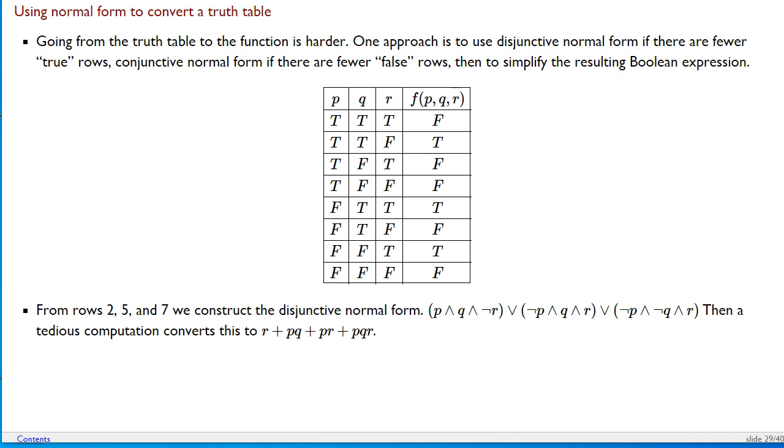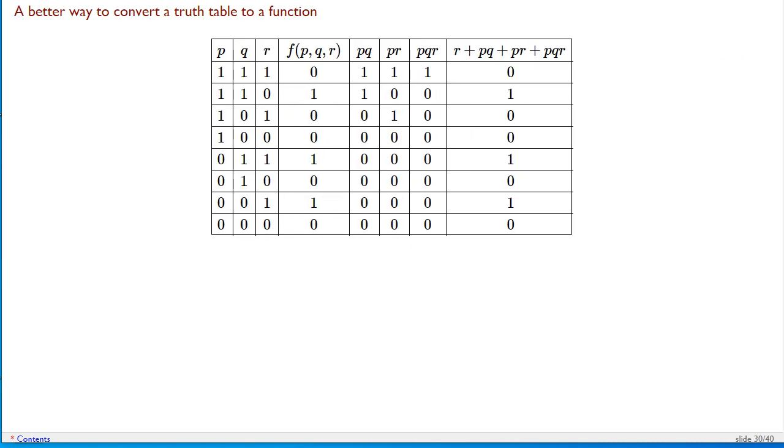Then crank out this rather messy OR of all these things, and eventually we end up with r plus pq plus pr plus pqr. Here's a truth table confirmation that I got that right.